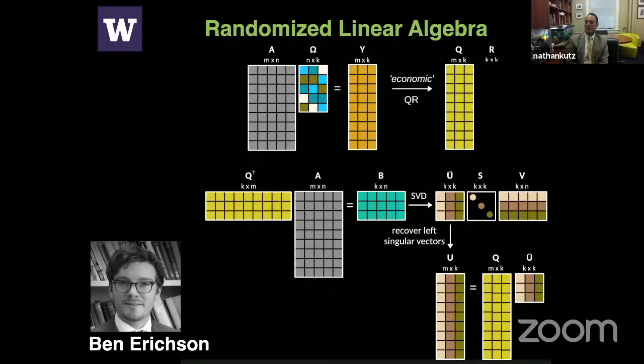There's also this concept of randomized linear algebra. By the way, all of these techniques I'm talking about rely on the fact that the underlying signal is low dimensional. So you take some high dimensional data, but underneath there is some low rank subspace, some coordinate system where everything matters.